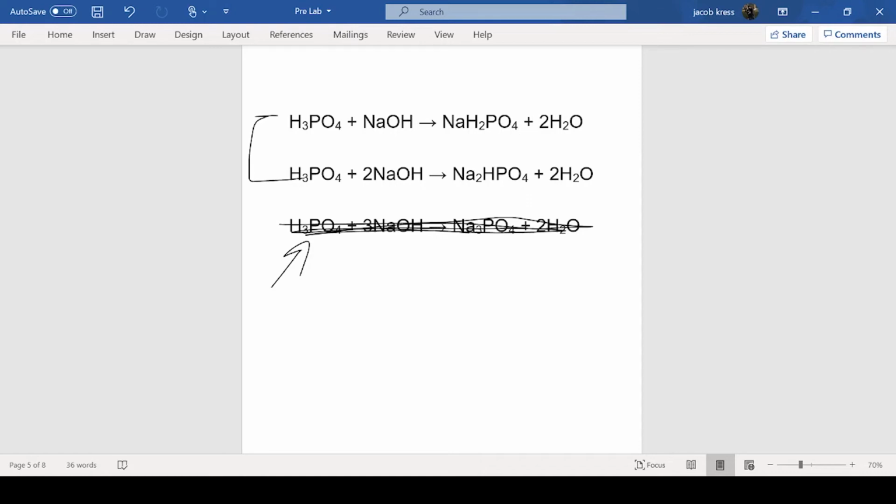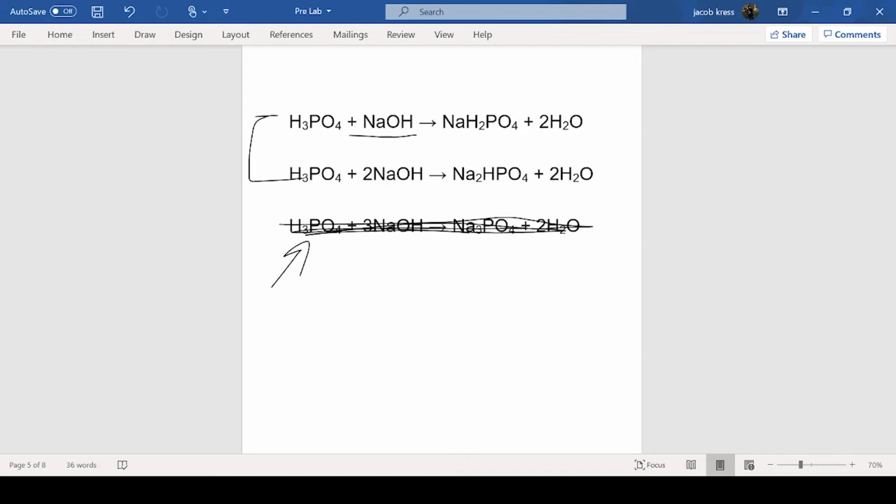So the way we're going to be able to tell which indicator is representing which of these two equations is just by the molar ratio between the two. Remember, the amount of base you use is going to be dependent on the acid itself. And you guys can see here that if I'm just measuring the first endpoint, it's 1 mole of phosphoric acid and then 1 mole of sodium hydroxide.